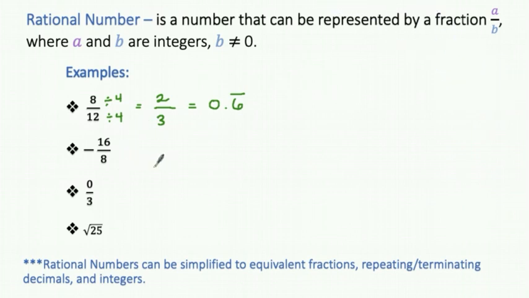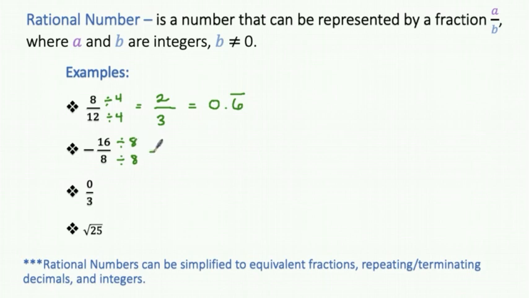And now we have negative 16 over 8. And we know that 8 goes into both 16 and 8. And of course, you could use a smaller number, such as 4, and then divide it twice. But we could just use 8. So here, be mindful that our fraction is a negative.